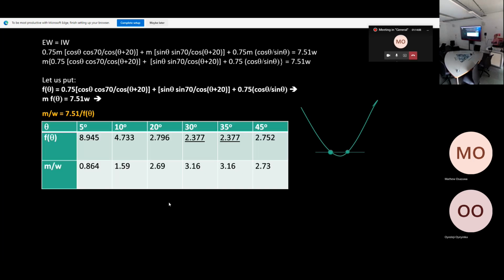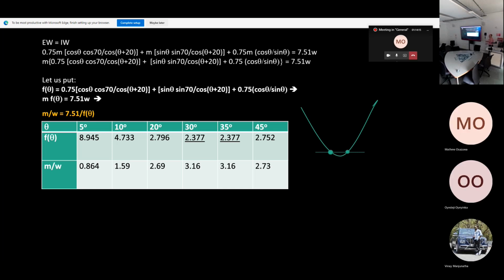Now, there are two ways you can solve this problem, okay? One way is graphically. So you plot a graph. What I've done here, I've taken completely arbitrary values of theta from 0 to 45. If the triangle was at 90 degrees with two sides equal, the yield line would be at 45 degrees, isn't it?